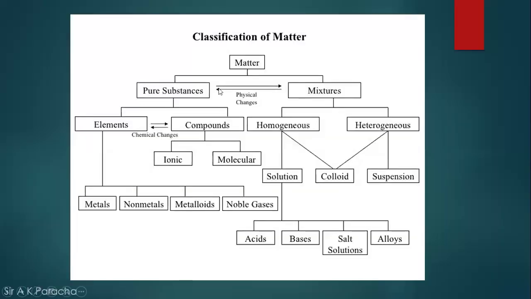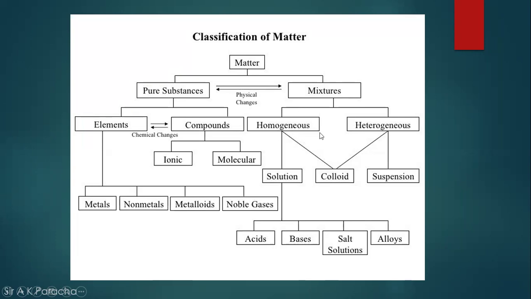As you can see, matter can be classified into pure substances and mixtures. Examples of mixtures are air and sea water, and there are other mixtures. Sand is also a mixture. Mixtures are not chemically combined together.